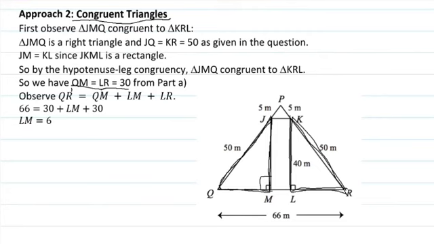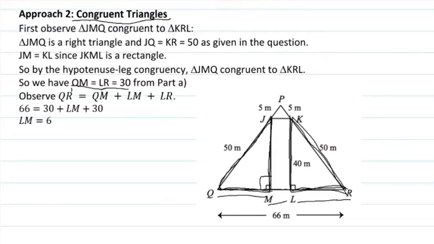Now let's observe that QR, the entire base of this big triangle, is made up of several segments. So QR equals QM, this part here, plus ML, the middle part here, plus LR. Now let's substitute in the values that we know already. QR altogether is 66.